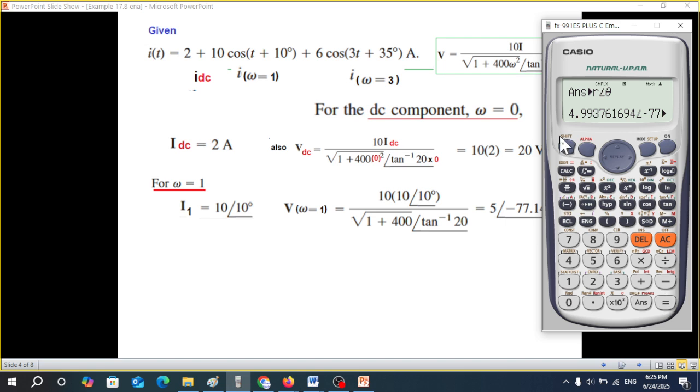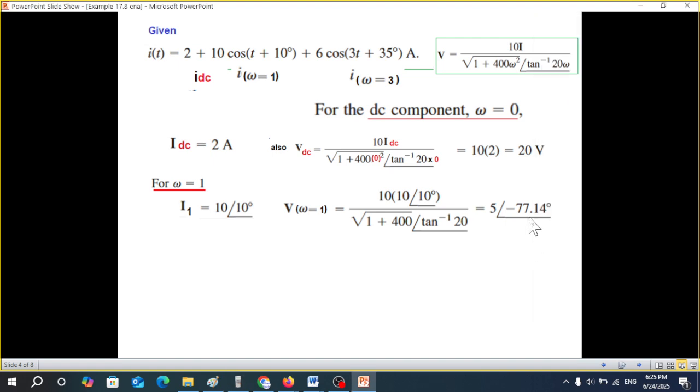Okay, now it is 4.993, which is 5, and then the angle is minus 77.13 to minus 77.14. So this is the answer.